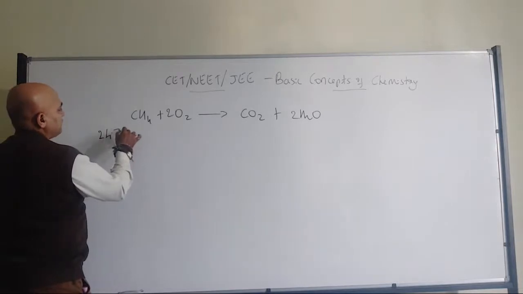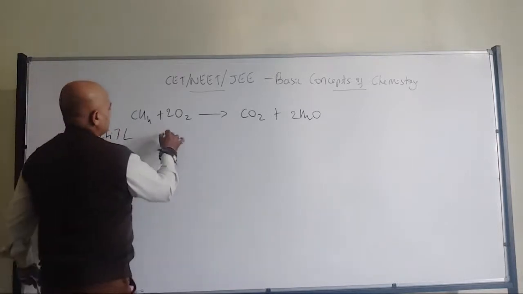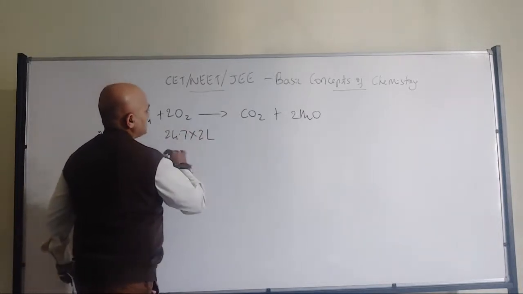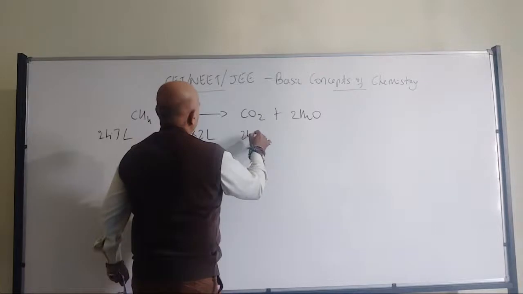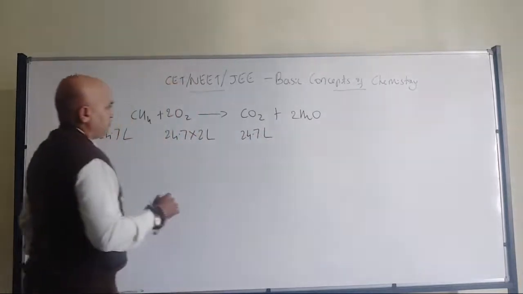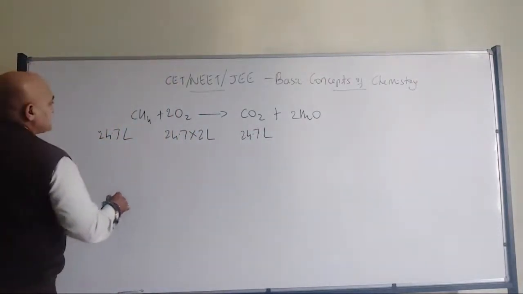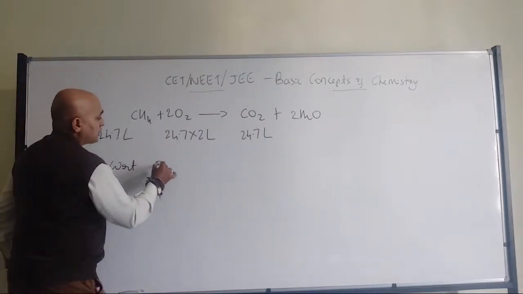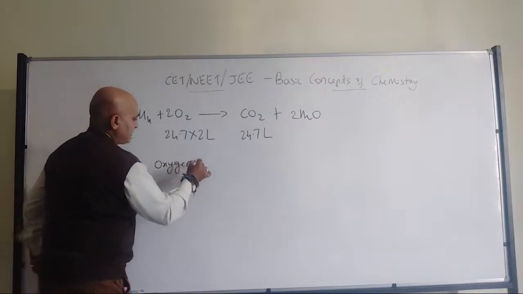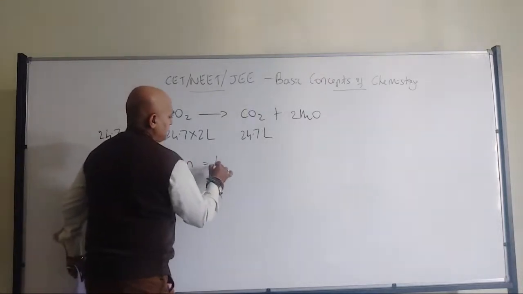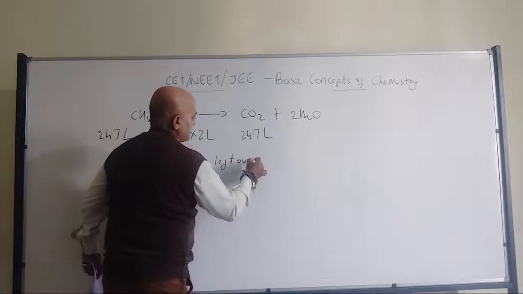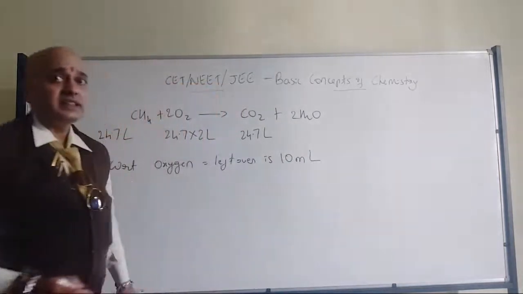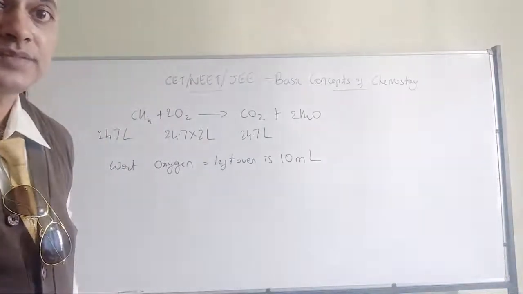So 24.7 into 2 liter for oxygen and once again 24.7 liter for the product. With respect to oxygen we have already calculated. The leftover is 10 ml. All of you will agree? Leftover is 10 ml.